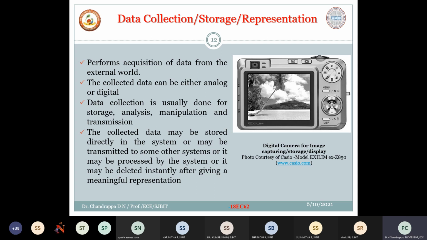If we are not getting proper clarity, we can remove it from the storage. That is the analysis. And even though the image is captured, if you want to modify the size or anything, we can do the manipulations. That option is also available.